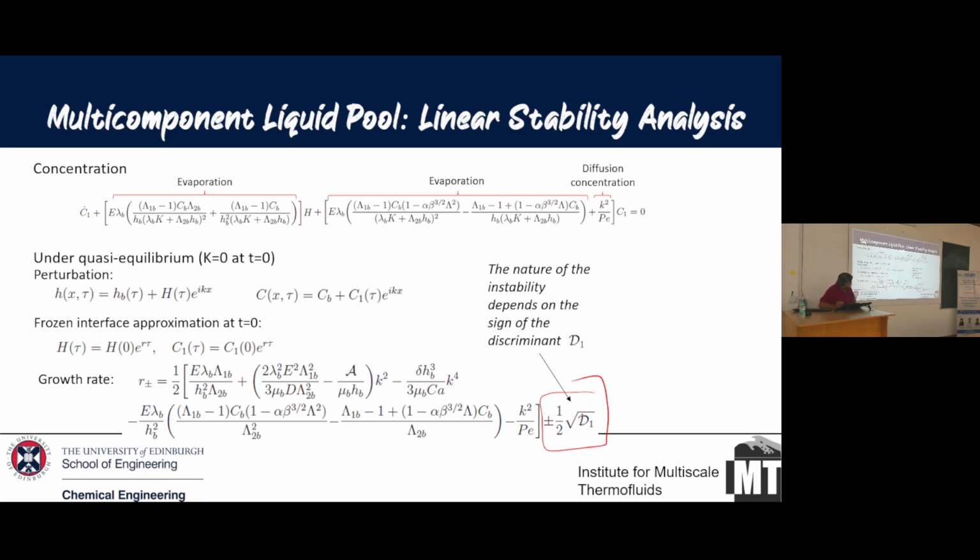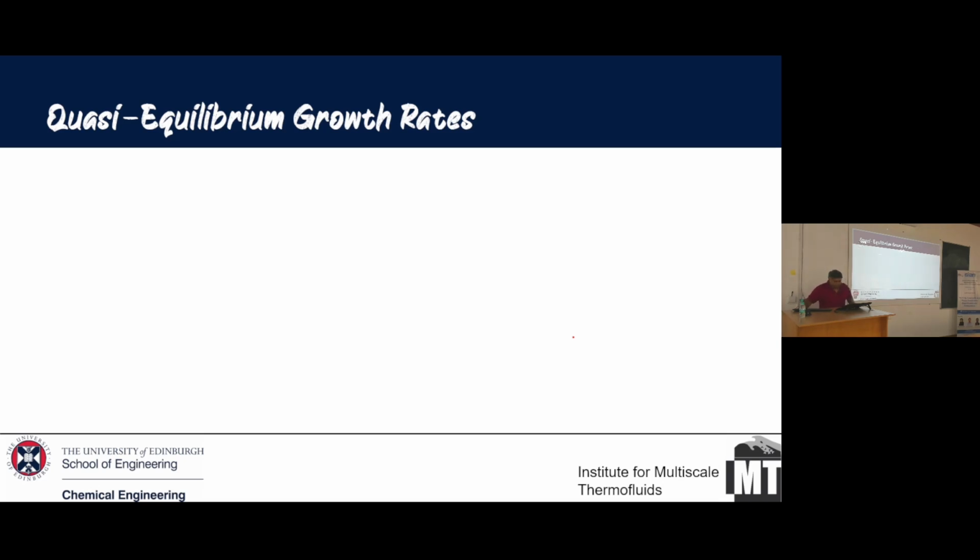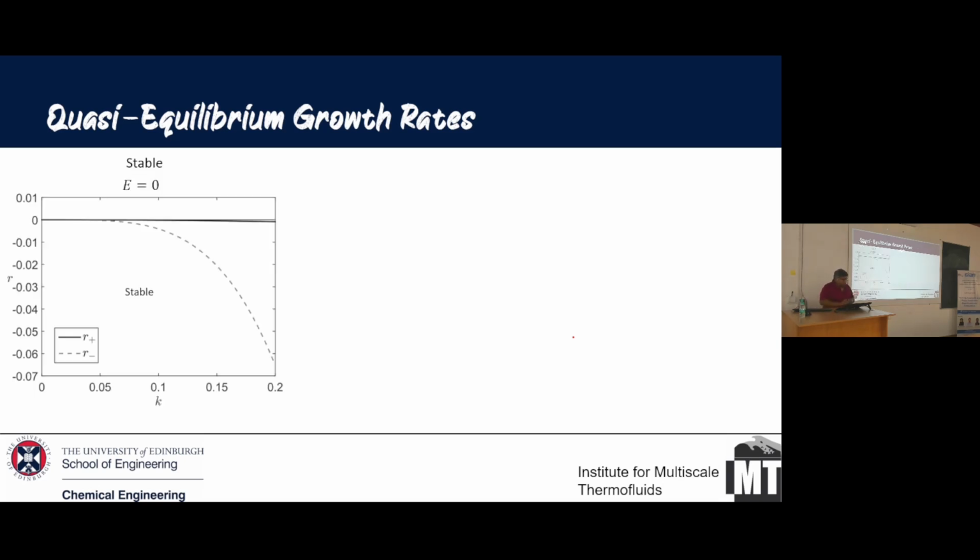If the determinant is positive, you have a growth rate which is purely real. But if the determinant is negative, you have a real part for the growth rate as well as an imaginary part. That instability is very different from a purely real one, and we have noticed that in our simulations and also in experiments. So what we can do is we can set.